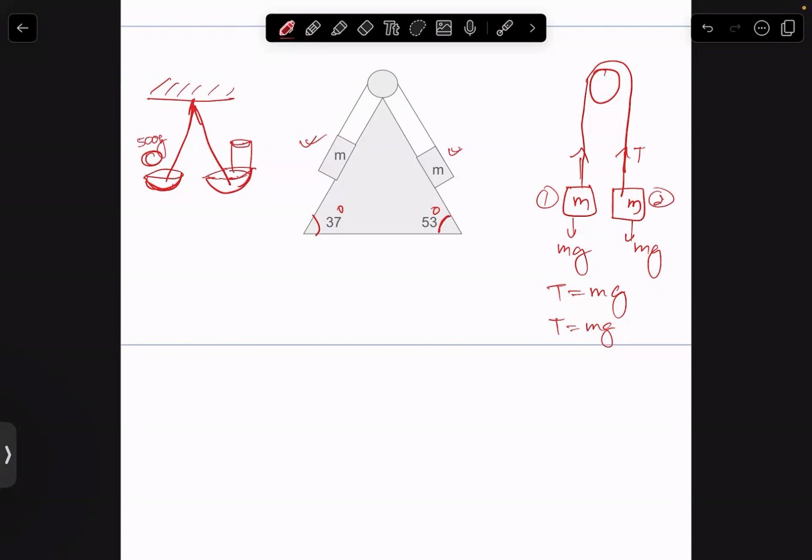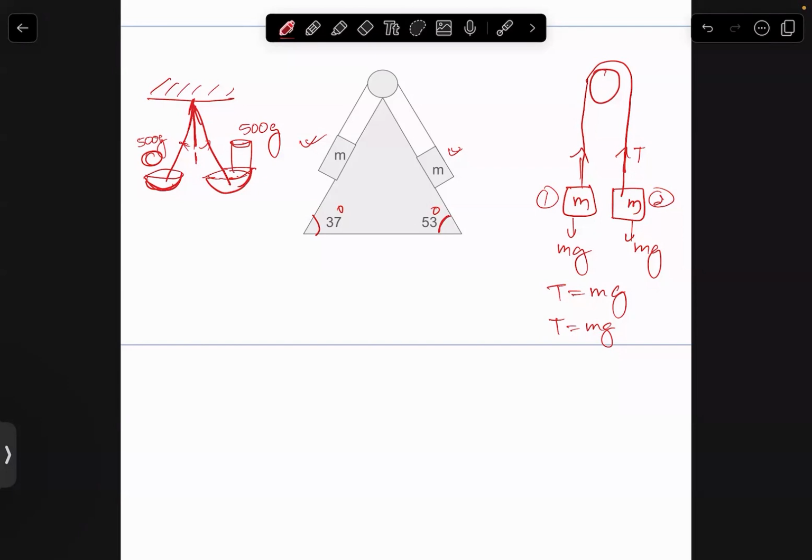if the balance is properly balanced, there will be a needle over here. If that is at the proper mark, you can understand that this is also 500 gram. If the needle goes this way or that way, that means it is less or more.